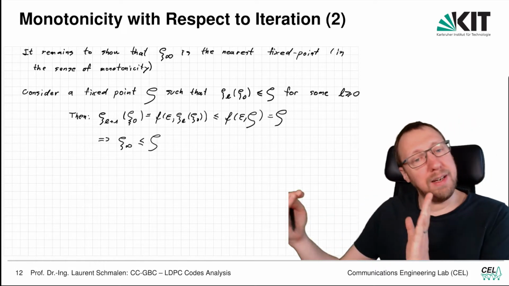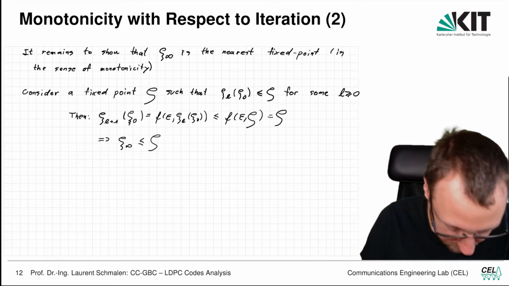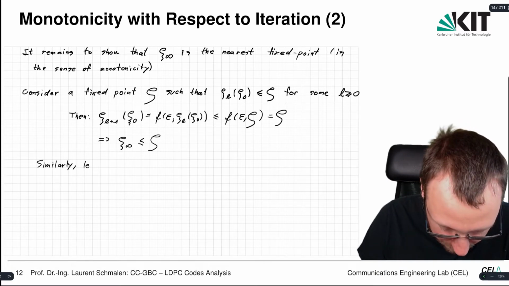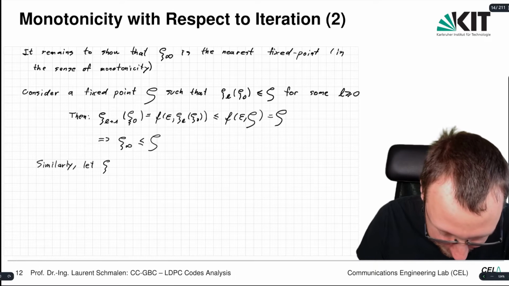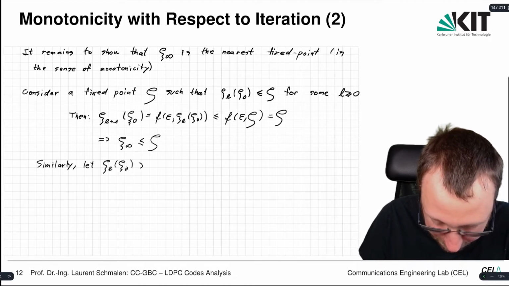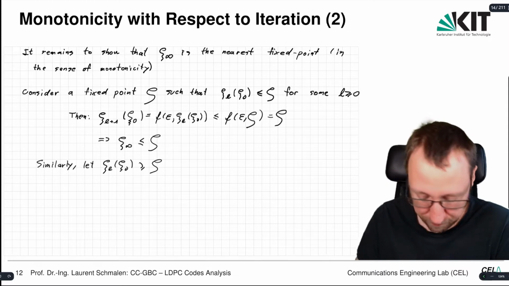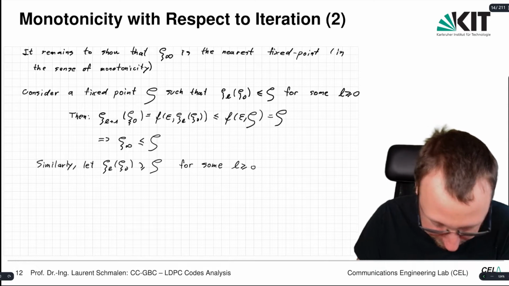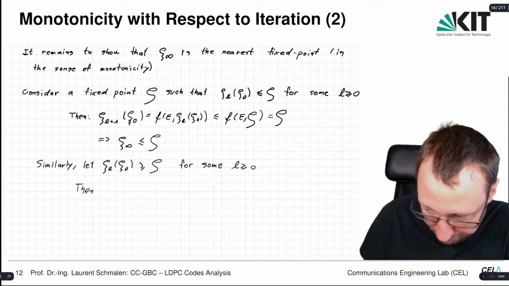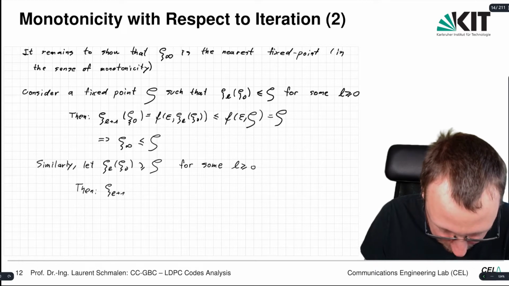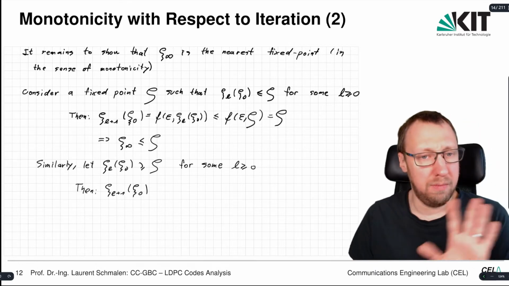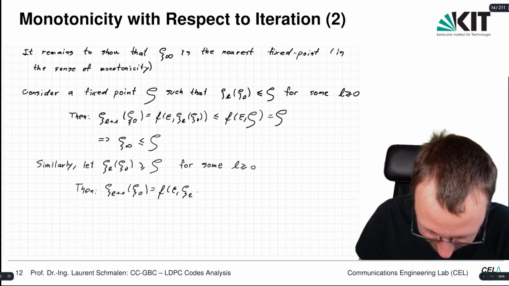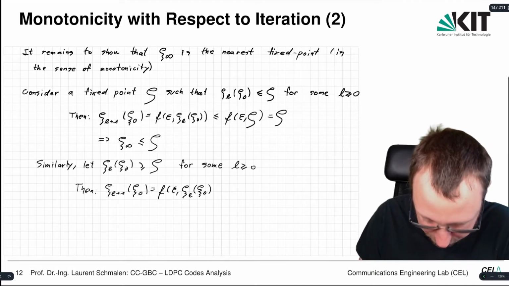So now we need to prove the other direction, coming from the other side. Very similarly, we have C_L of C_0 is larger or equal than theta for some L larger or equal than 0. Then we have C_{L+1} of C_0, with the same exact reasoning, is equal to f of epsilon C_L of C_0.